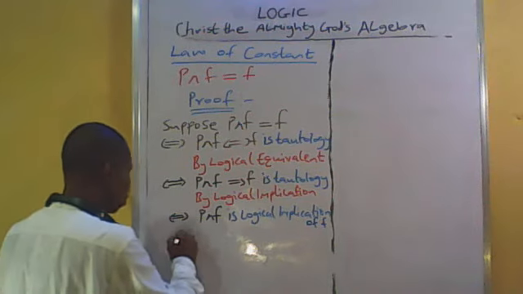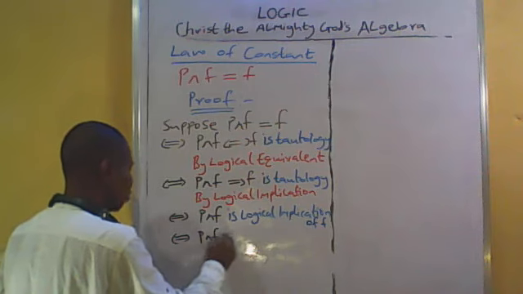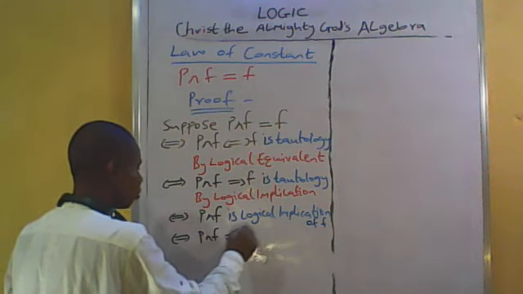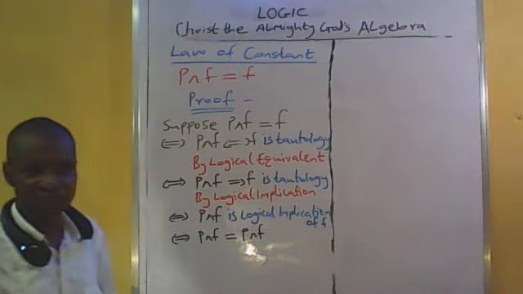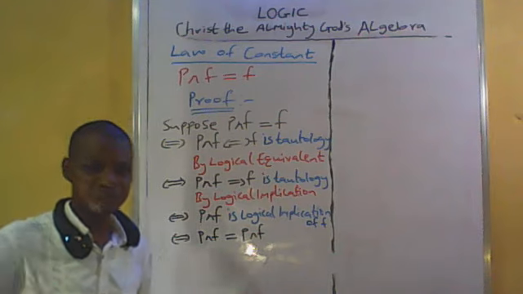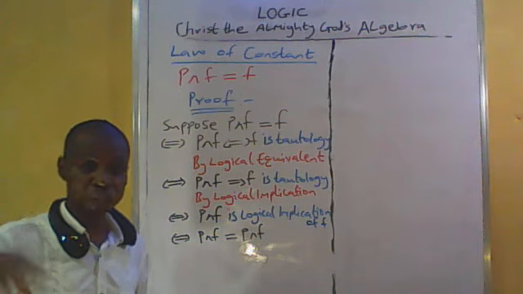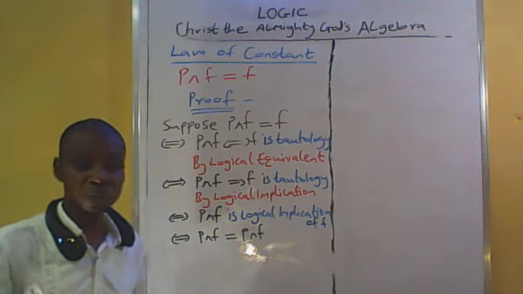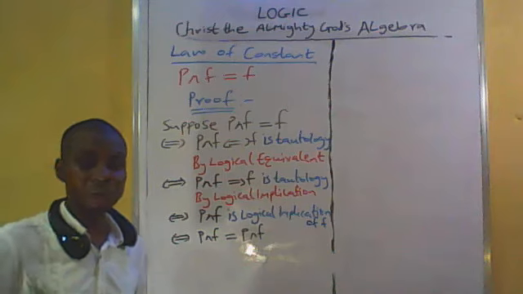Also, this must be true: P and F is equal to P and F. That means logical implication is equal to itself. It is true that logical implication is equal to itself because it is logical equivalent.